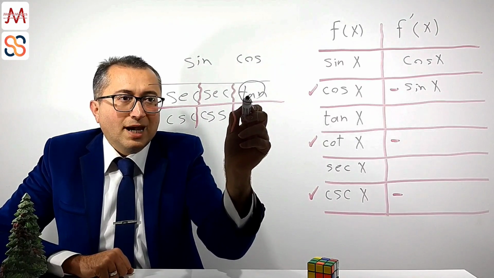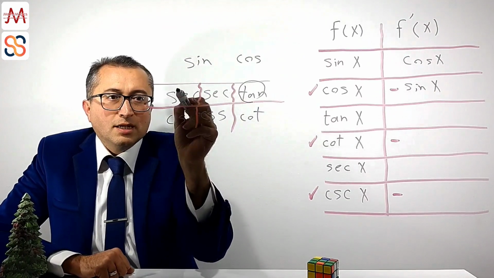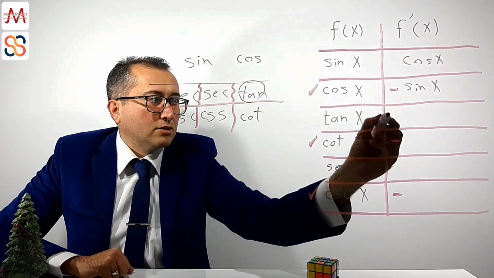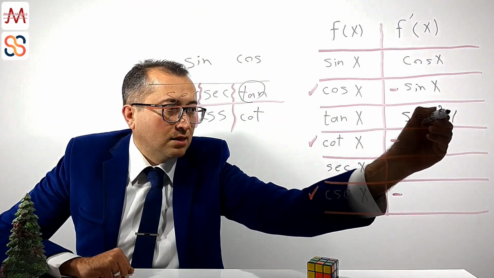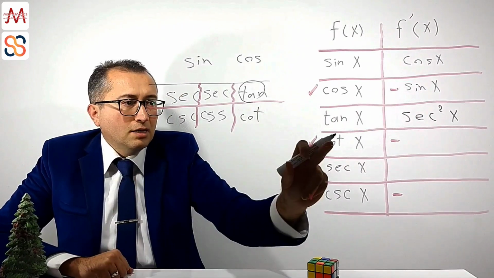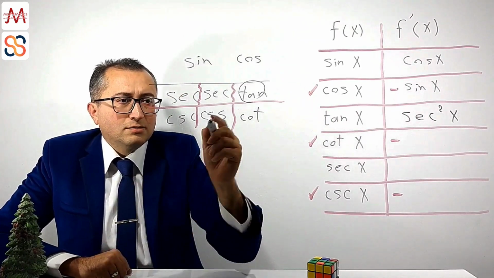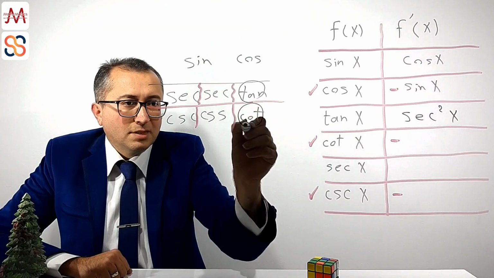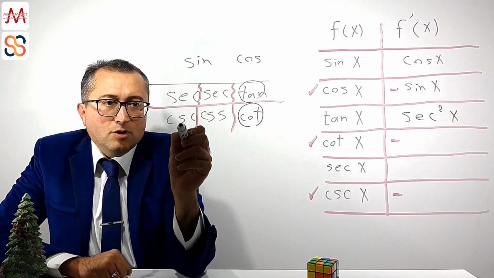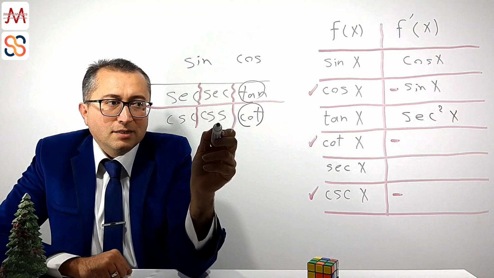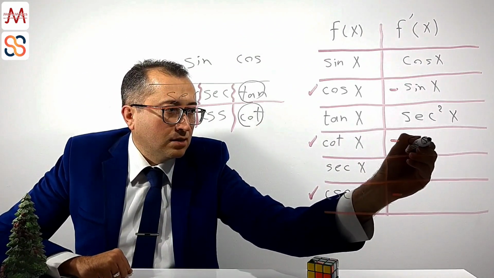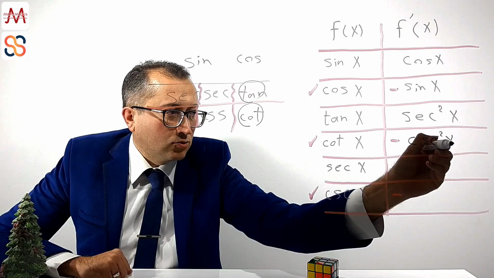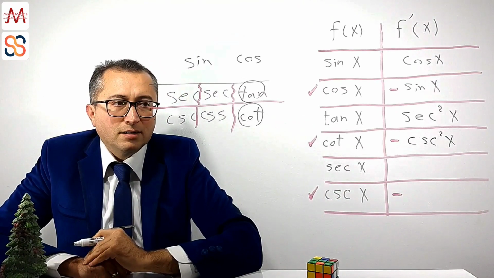The derivative of tangent is this times this, secant times secant. So, it is secant squared x. The derivative of cotangent, this one. Multiply by these two, cosecant times cosecant. The derivative of cotangent is cosecant squared with this negative sign.